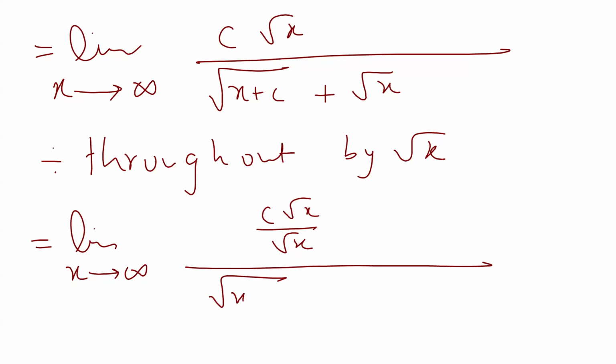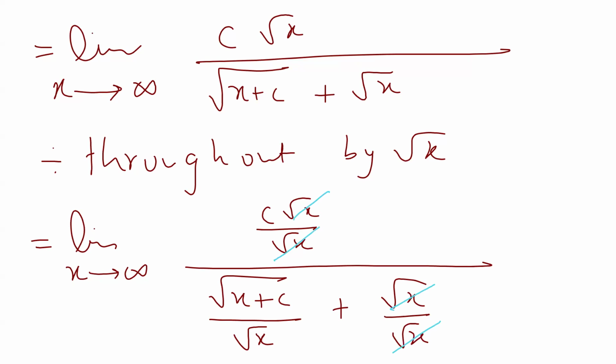Each and every term divide with root x. Now in the orange colored term, we'll combine the roots, because this is division, multiplication, we can combine, we can split the roots.